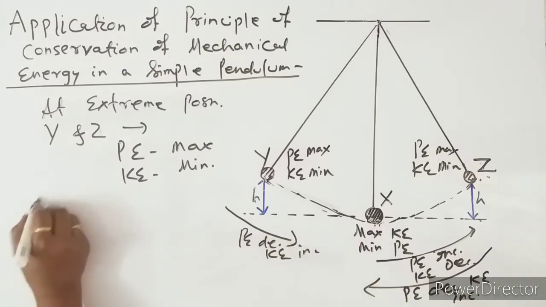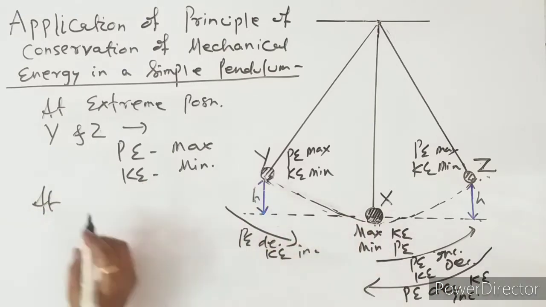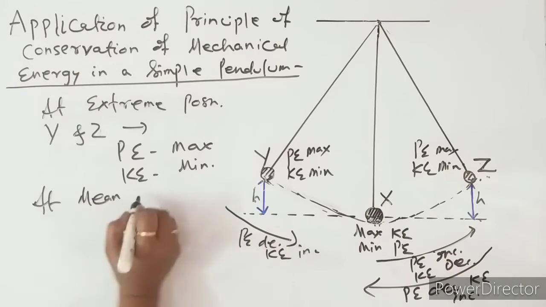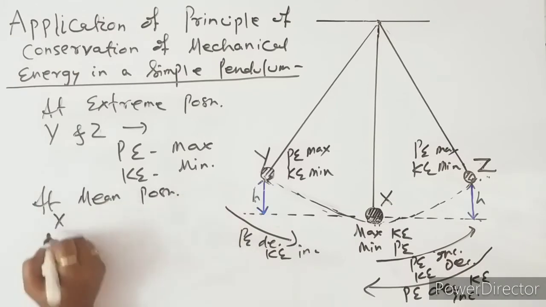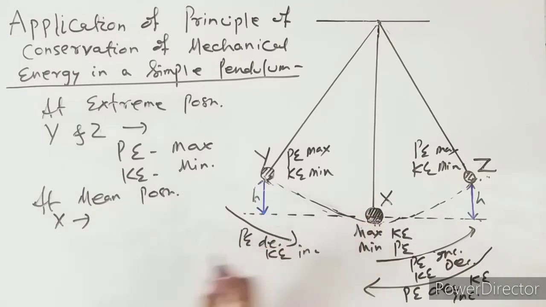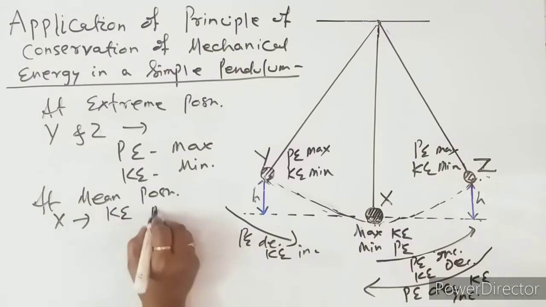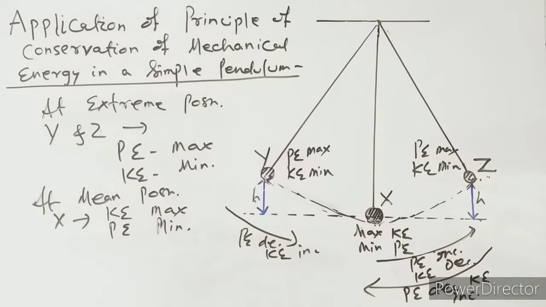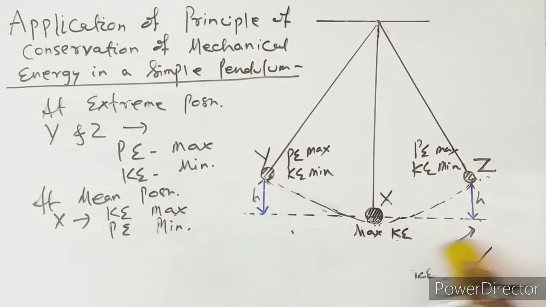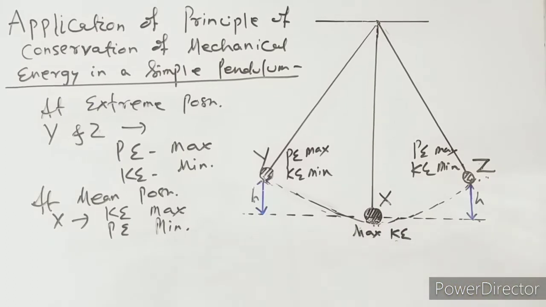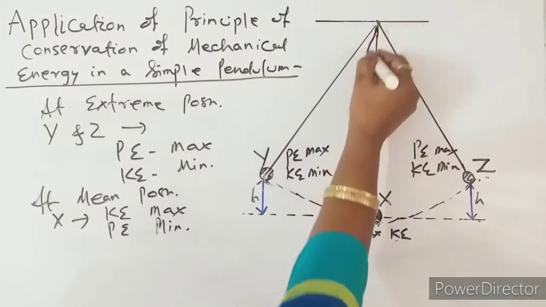Second, at the mean position, at the x condition, kinetic energy is maximum and potential energy is minimum. Now the question arises: what is the energy possessed by the bulb anywhere other than the mean position?